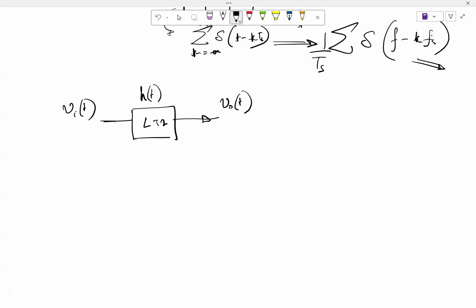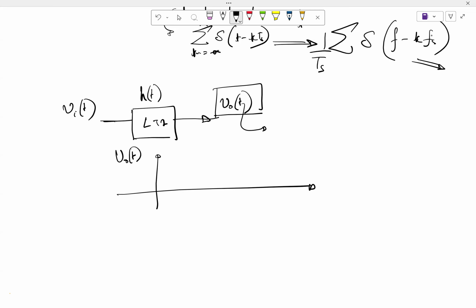Let me ask you, what do you understand if I am talking about the output only, v_0(t), and I plot v_0(t)? Tell me, what do you mean by this t here? T is time, but what time? It's the observation time.